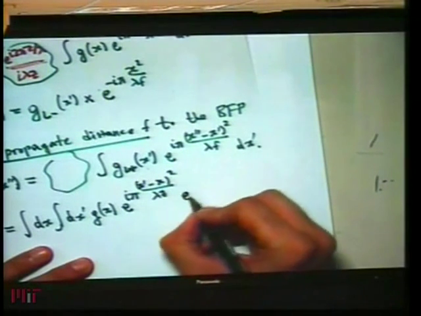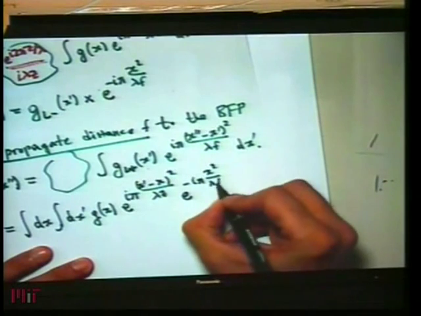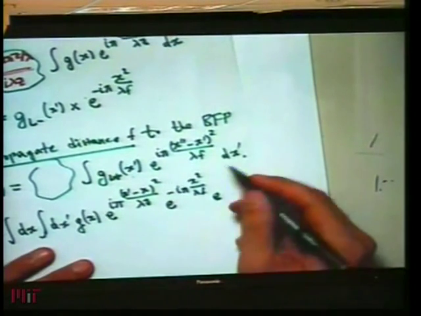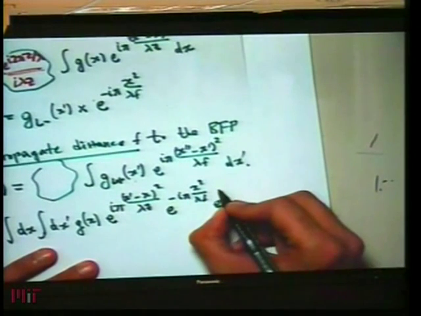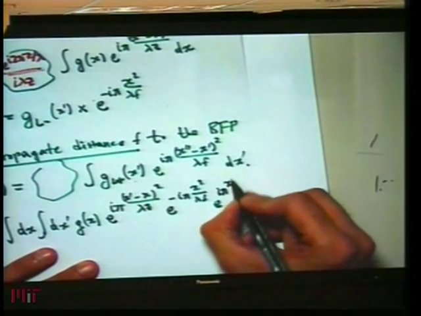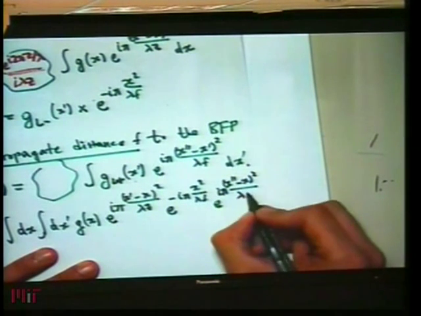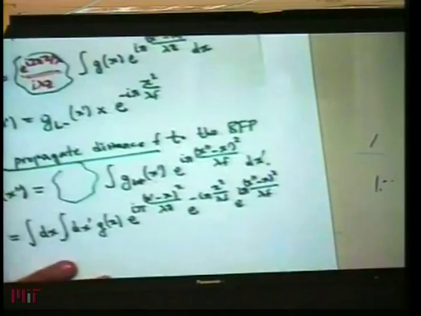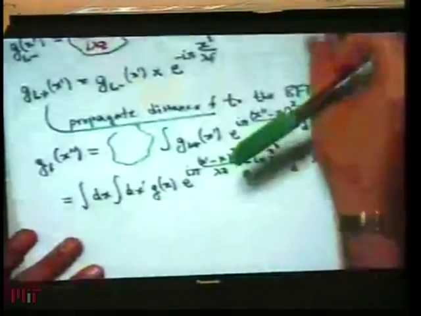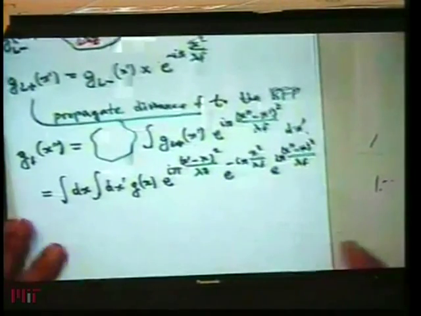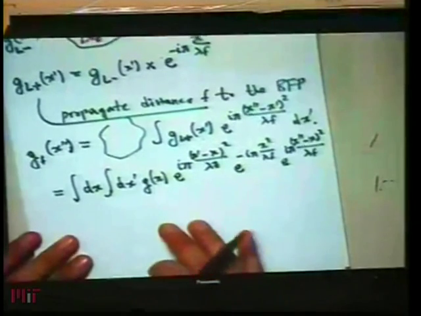Then I have the lens. And then I have the propagation kernel from the lens to the back focal plane. Okay, that's what it is. This looks a little scary, but part of the purpose of this class is to teach you how to not be scared by this kind of integrals.